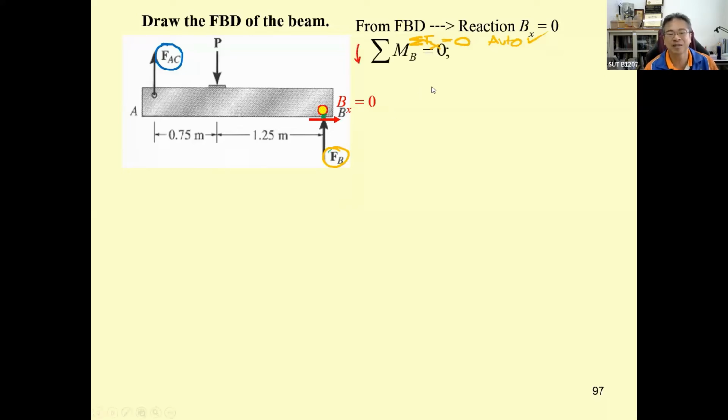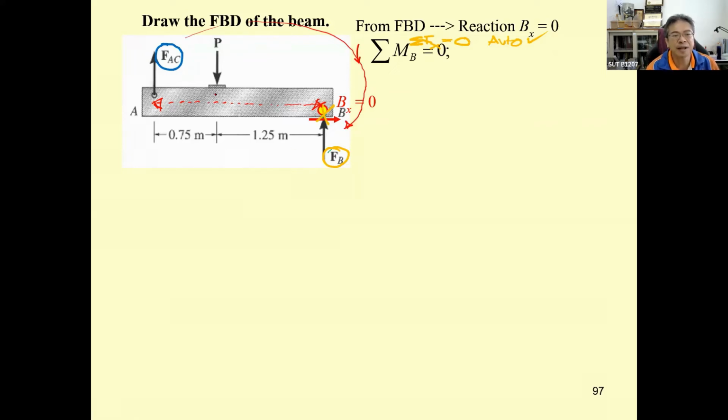You may first take the moment at B. By doing this, you can determine F sub AC. The F sub AC will produce the moment by timing this distance, which is 2 meters, and the moment occurs around this one going clockwise.